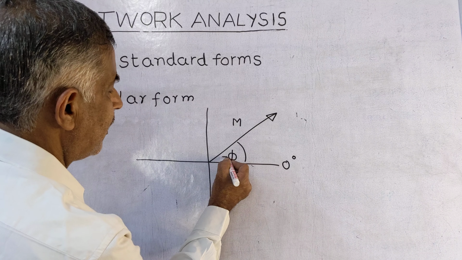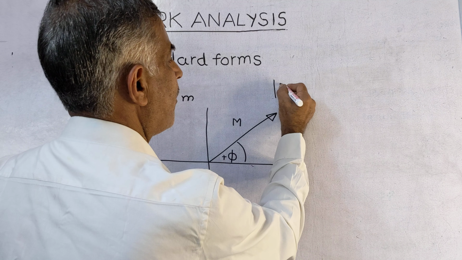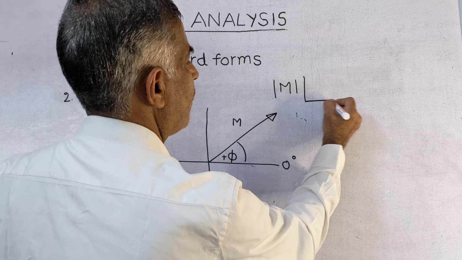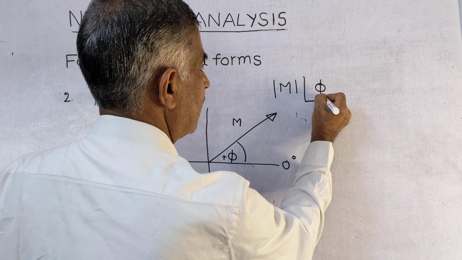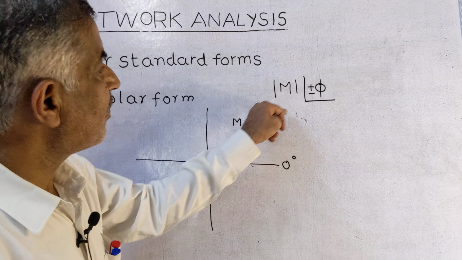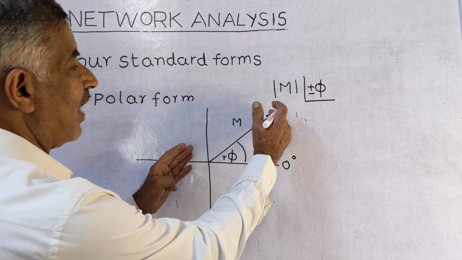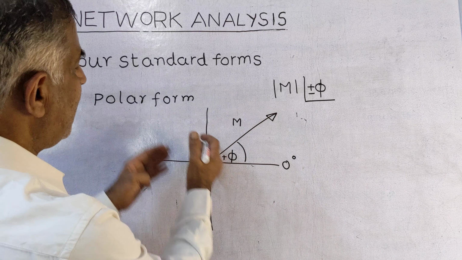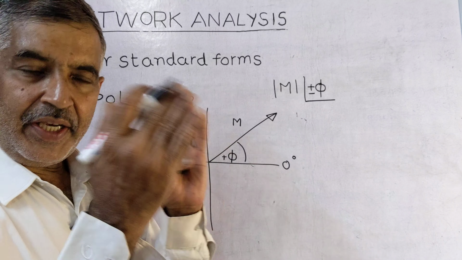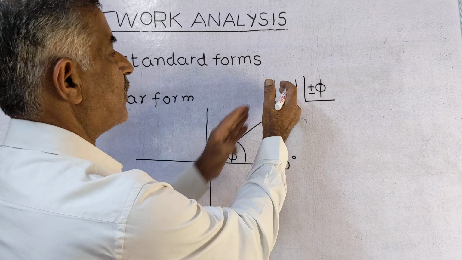So in polar form, we represent it as mod m angle phi. It can be plus phi or minus phi. This is called the mod value, and it is always positive, because the length of the phasor may be in any quadrant, but it has a definite length and is always taken with a positive sign.